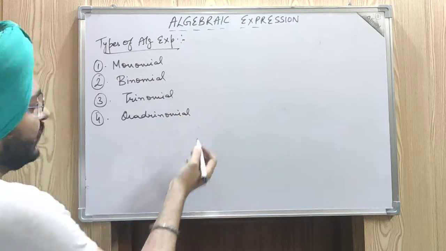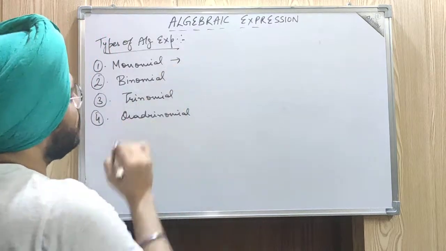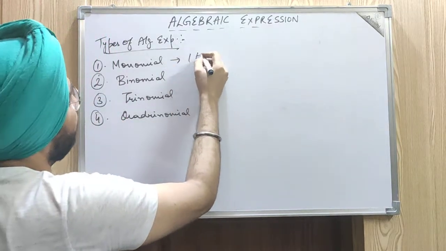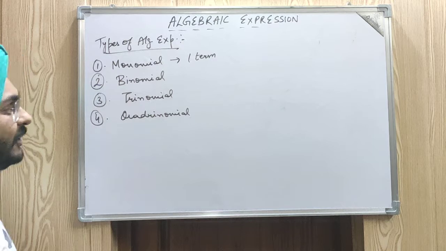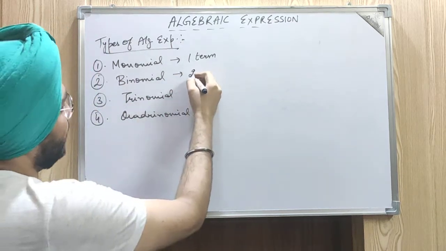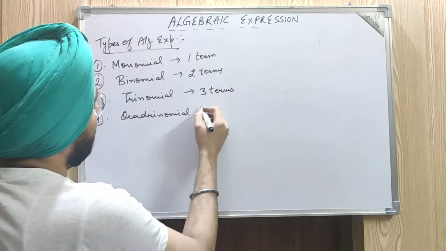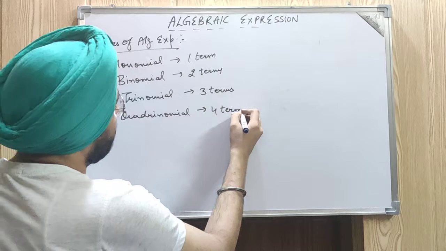Monomial means what? Mono means one. Monomial means the expression consisting only one term. Binomial, bi means two. The expression consisting two terms. Similarly, trinomial 3 terms and quadrinomial 4 terms.